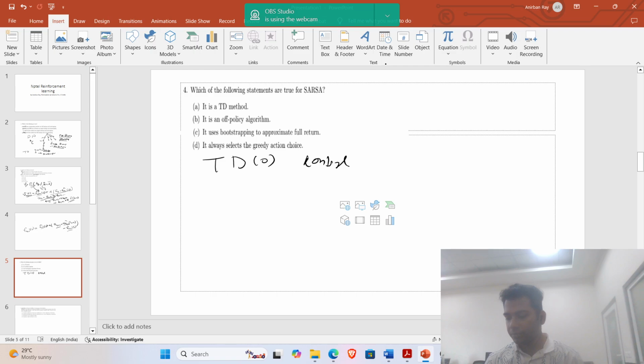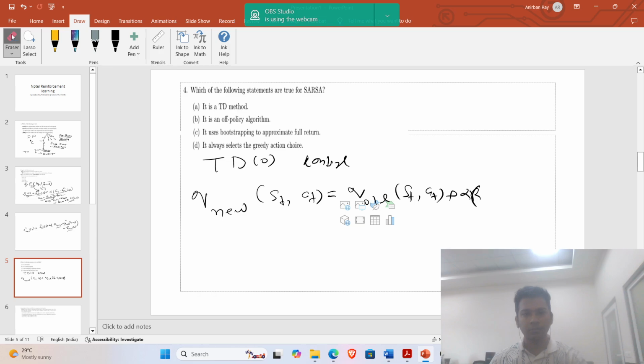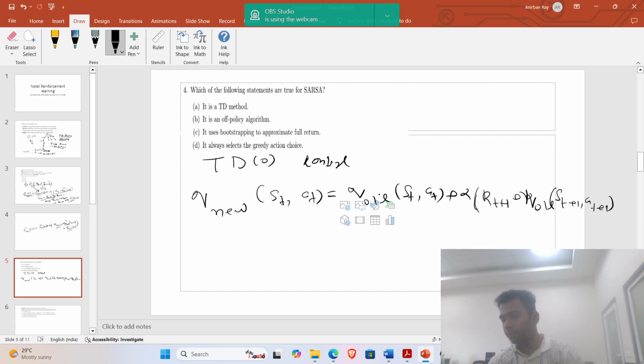In the case of the TD0 control algorithm, what we are doing is using Q in place of V. So Q new is equal to Q old (S_t, A_t) plus alpha times [R_{t+1} plus gamma Q old (S_{t+1}, A_{t+1}) minus Q old (S_t, A_t)].